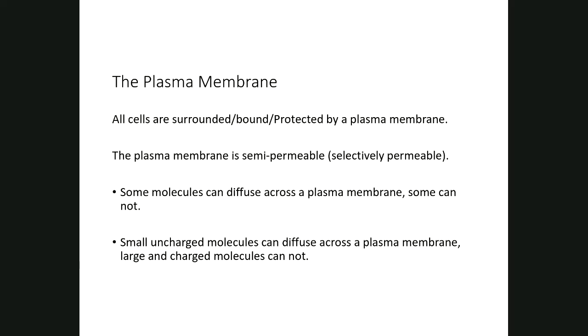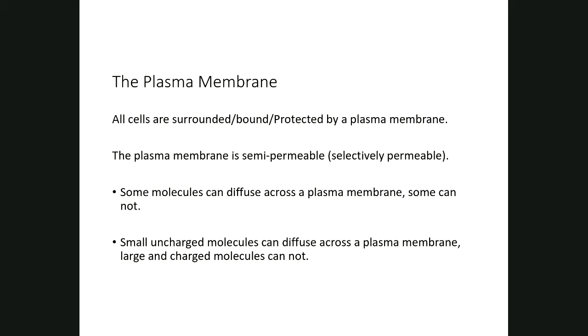We're two slides down. The plasma membrane maintains the plasma of the cell, the cytoplasm, the liquids and the organelles. So we call it the plasma membrane because it maintains the plasma in one package.